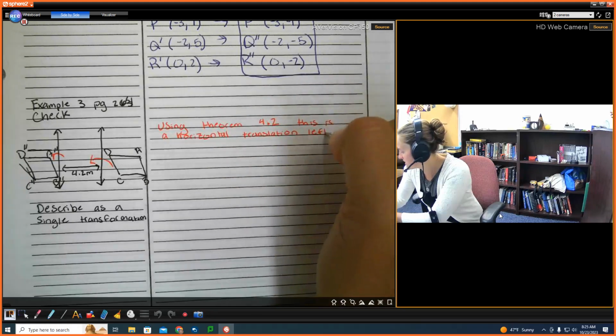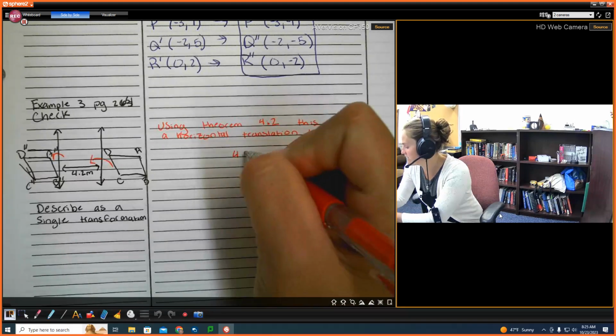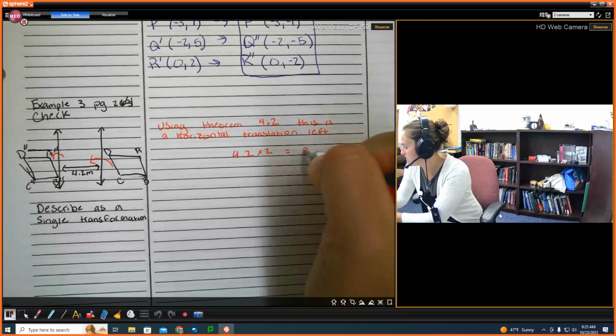Left. How far? 4.2 times 2, right? So 8.4. 8.4 meters.